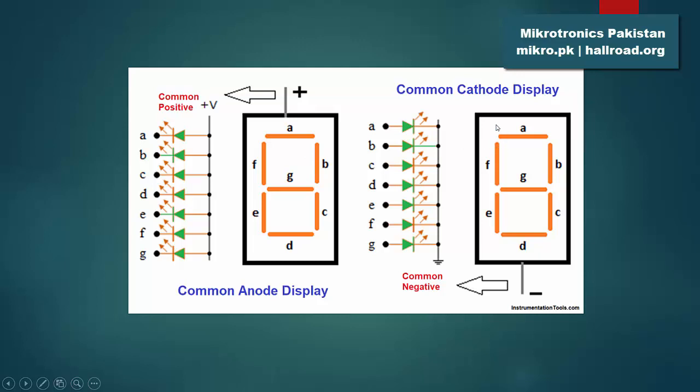And in a common cathode display, all the cathodes of the LEDs are connected together within the module. You don't have to connect them together yourself. They are connected within the module, and a common pin is taken out as common cathode, and all the other pins are available as floating pins on which you can connect the microcontroller pins.